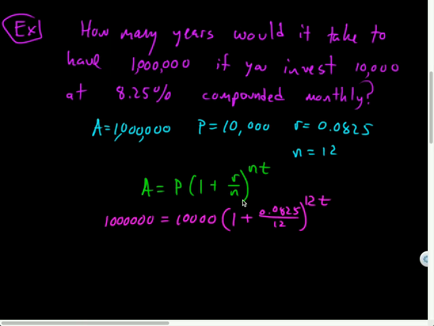So one of the things I'm going to do, I'm going to simplify a few things at once. Notice instead of distributing this 10,000 into this, because I'd have to deal with this exponent somehow first, I'm going to divide both sides by 10,000.